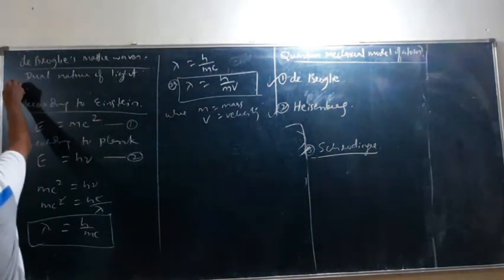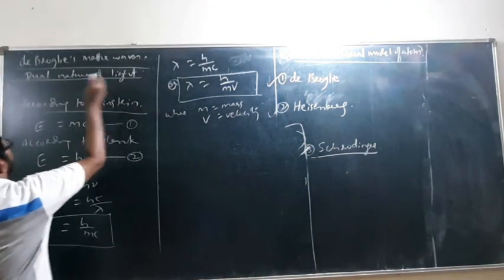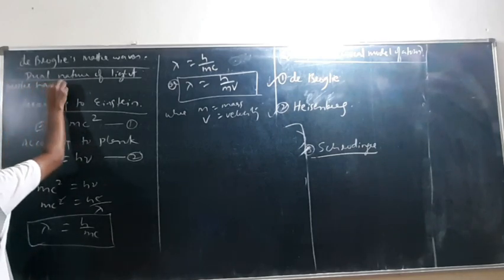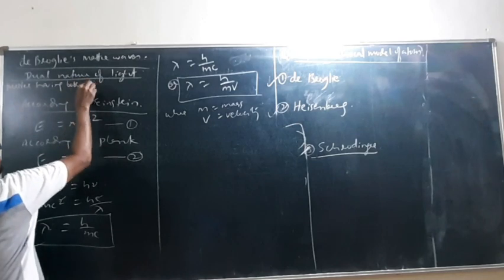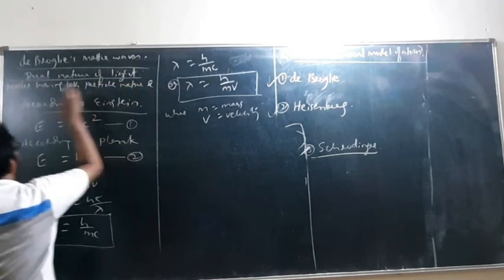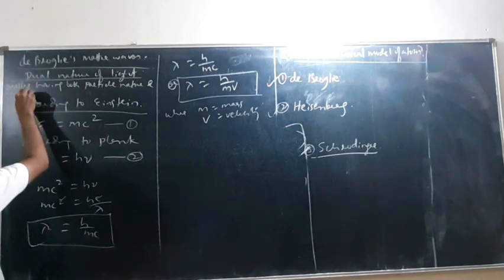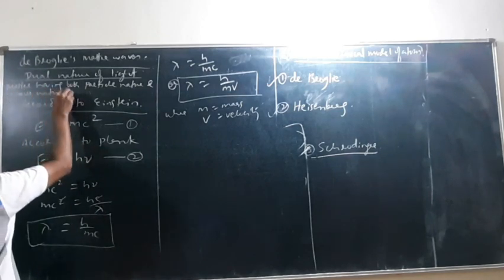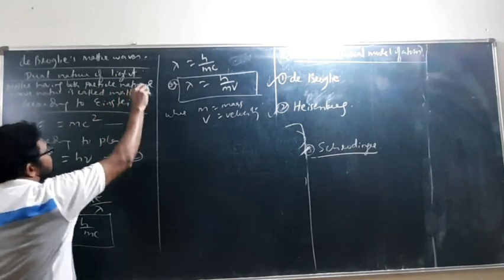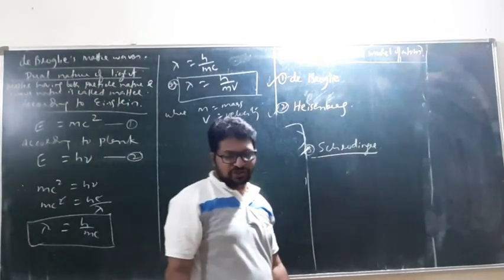Alright, matter having both particle nature and wave nature is called matter waves, and this property is dual nature.